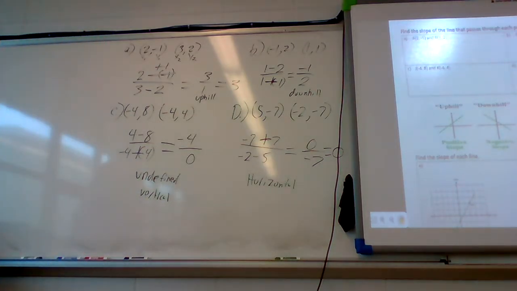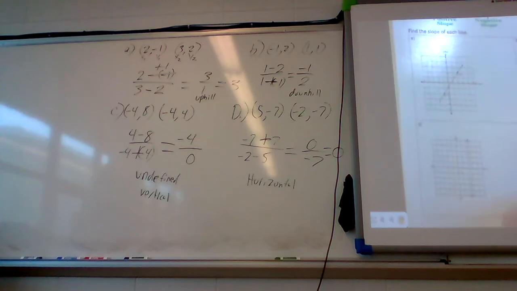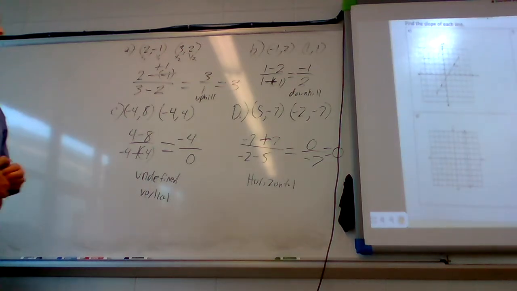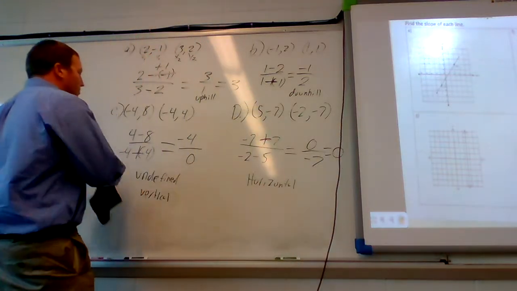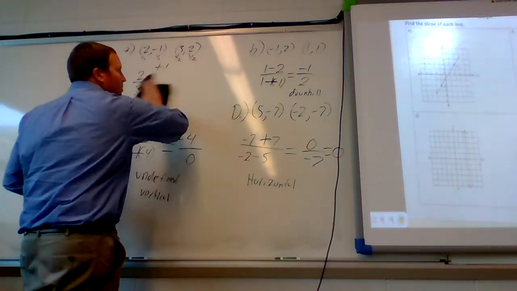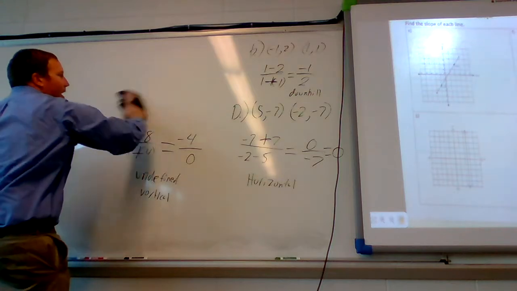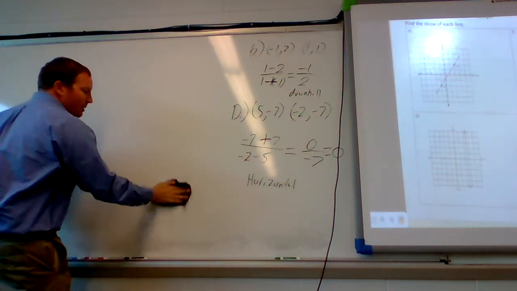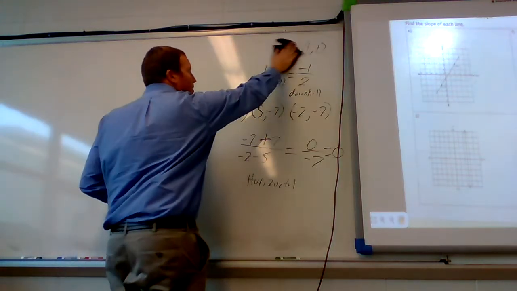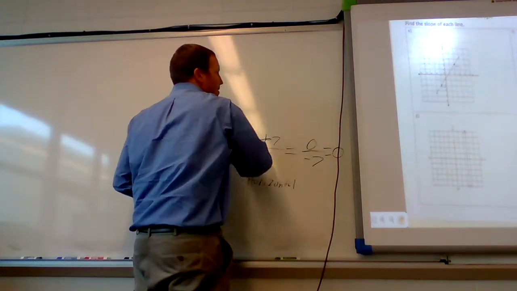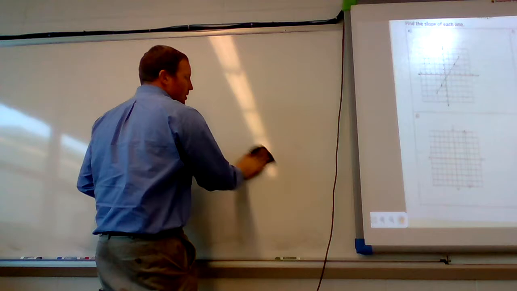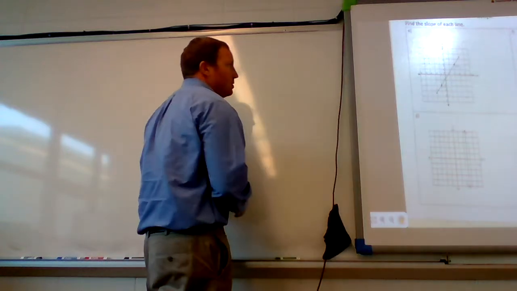We can also find slope by looking at the graph. Okay, so if we look at the graphs, we find them by using rise over run. So we can do that by looking at two intersections, right? We would find 2 points on the graph. Our first graph, E, has the points already shown for us, so we can use those points.